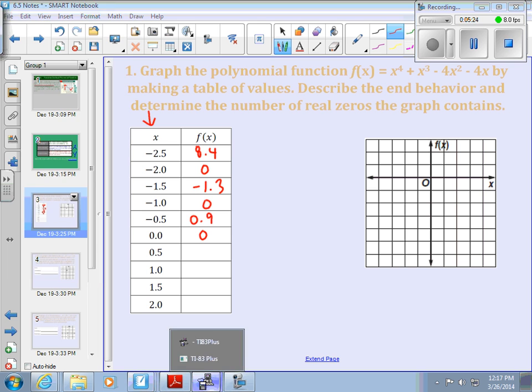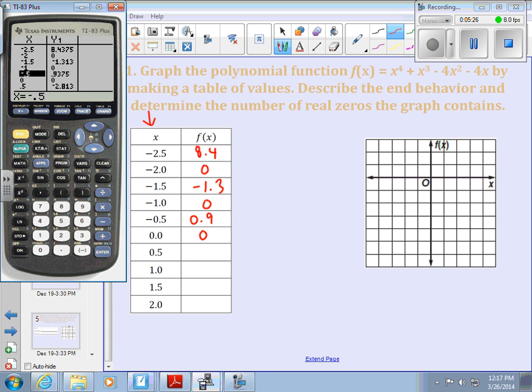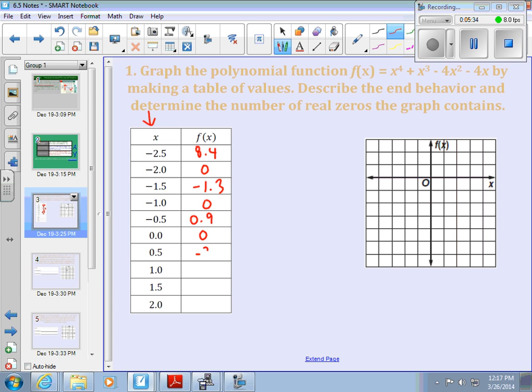If we keep going here, we can scroll down a little, get these other ones. 0.5, it's about -2.8. This next one's 6. The next one's about -6.6. And 2 is 0.